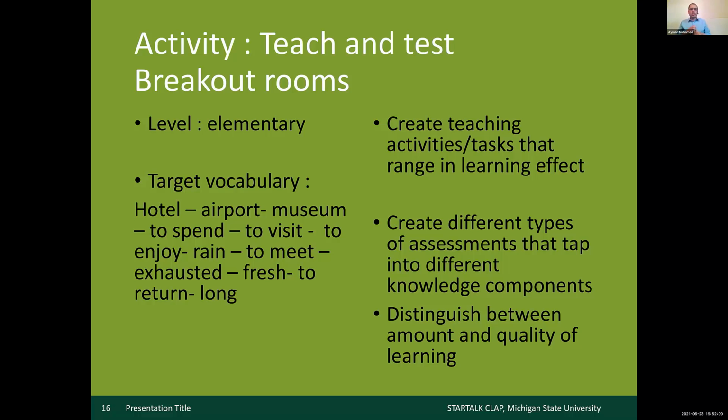So let's say on the level elementary, beginners, and we have target vocabulary, like hotel, airport, museum, to spend. Let's say some of our learners have seen these words before in a second language, like in Arabic or Russian. Some are not familiar at all with these words. And we want to create teaching tasks or activities that range in learning effect.